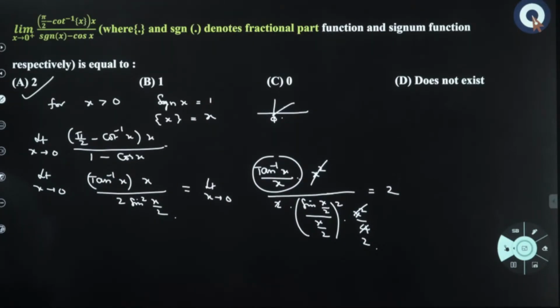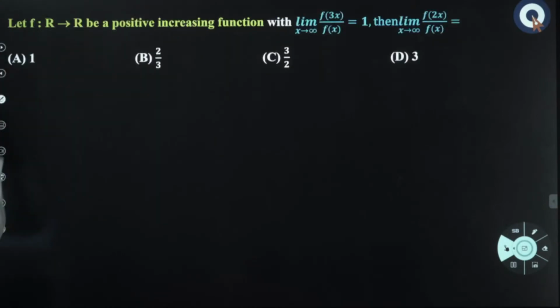Now let us see the next problem. See the problem here, limit x tends to infinity, f of 2x by fx. f from R to R is a positive increasing function.